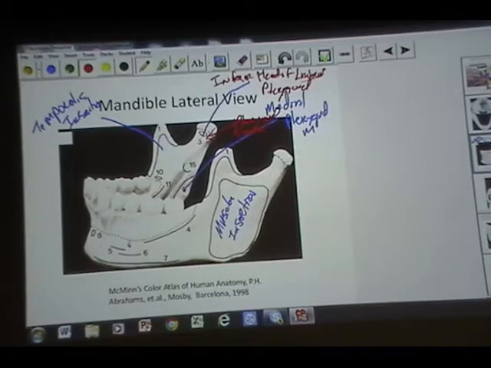What are these other lines? These are the points of origin of facial muscles. Now, facial muscles, typically we call them muscles of facial expression, but what are they really doing?